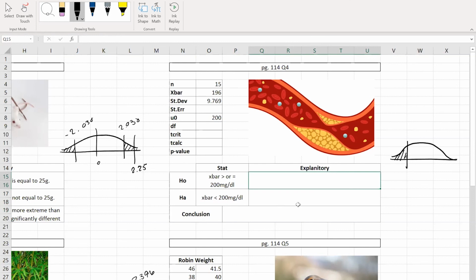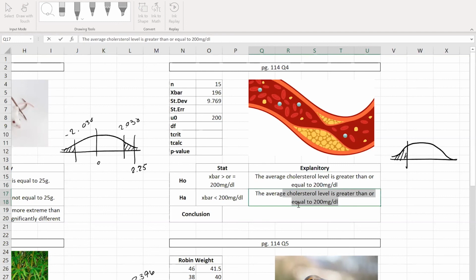In English, that would be the average cholesterol level is greater than or equal to 200 micrograms per deciliter. The alternative would be that the average cholesterol level is less than 200 micrograms per deciliter.